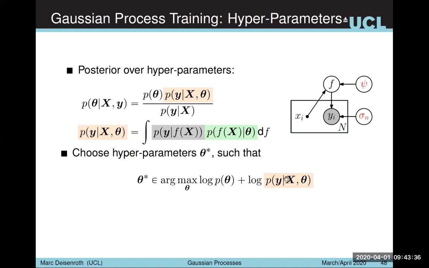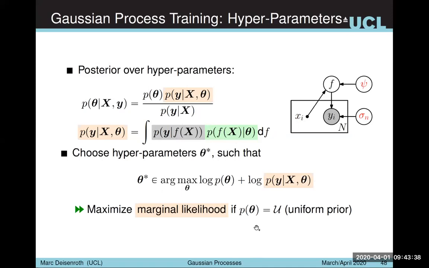If we now choose a uniform prior on the theta parameters, then P of theta would be constant everywhere. Then maximizing the posterior distribution would be equivalent to maximizing the marginal likelihood. That is something similar to what we had in linear regression, where we said that the maximum likelihood estimator and the MAP estimator are identical if we had a uniform prior distribution on the parameters.